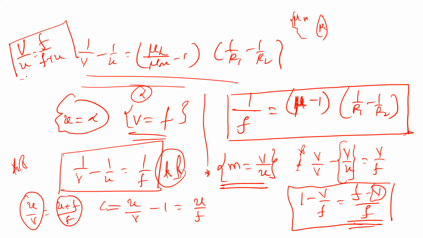Tell me. Yes, sir. These 2 formulas can also be used. Object distance is given, focal length is given. And when you are substituting, if they are having minus, you have to substitute minus. Got it? But this is the magnification formula. Got it? Yes, sir. Shall I go ahead then?